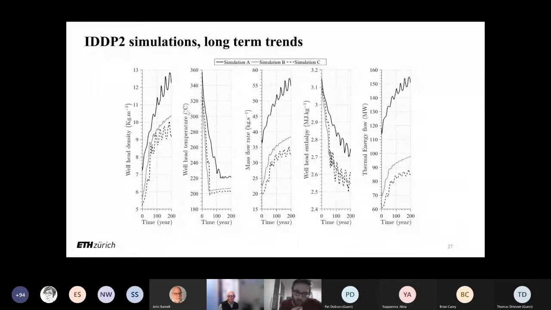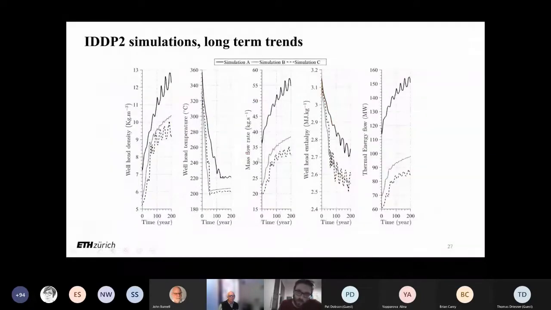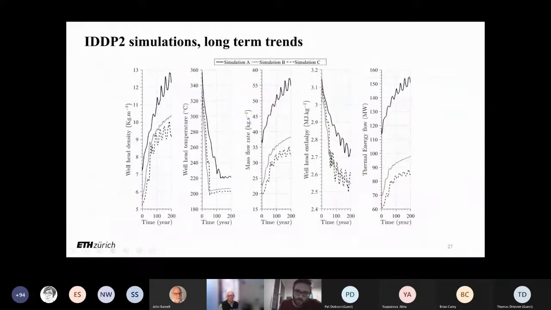So those 40 or so kilograms per second we see here, we might expect it to actually increase over time, and around 3 megajoules. Here it's a bit less because there is again the feed zone here that is decreasing the enthalpy of the well, but roughly maybe 3 or slightly less megajoules per kilogram will decrease, but not dramatically.